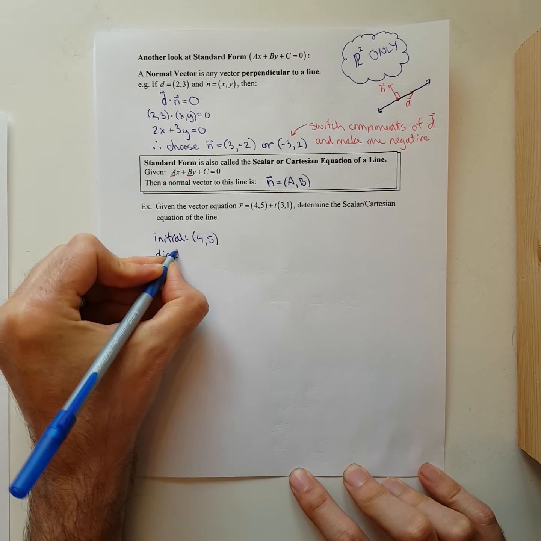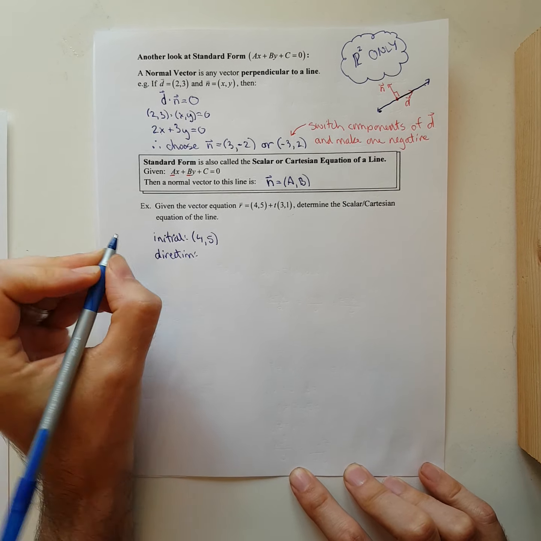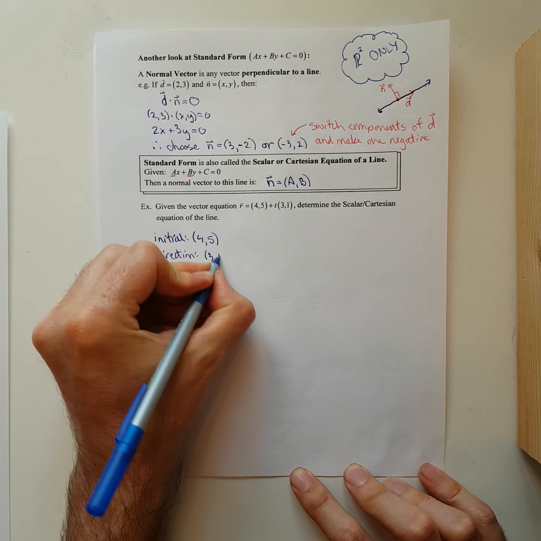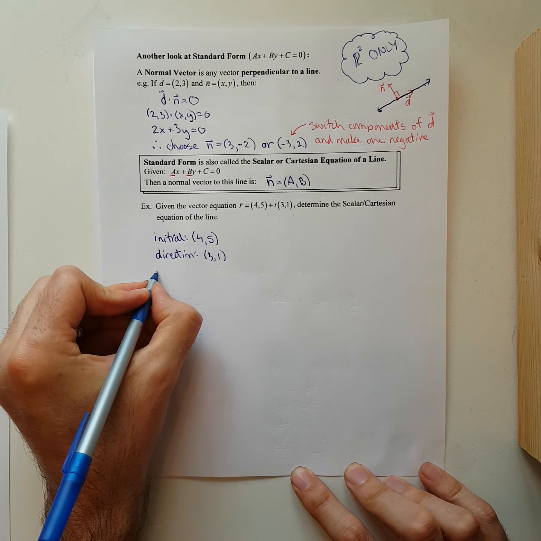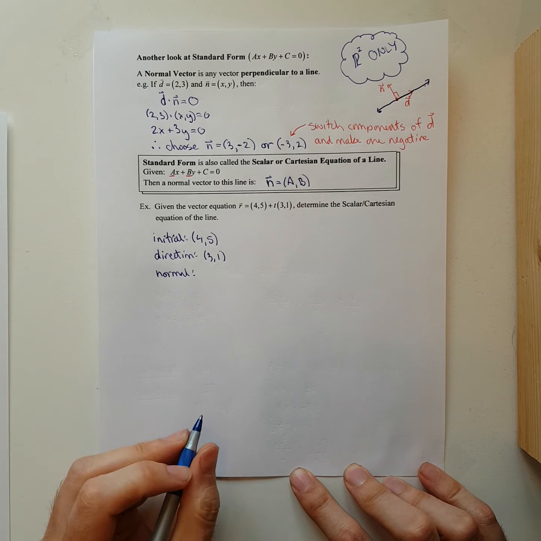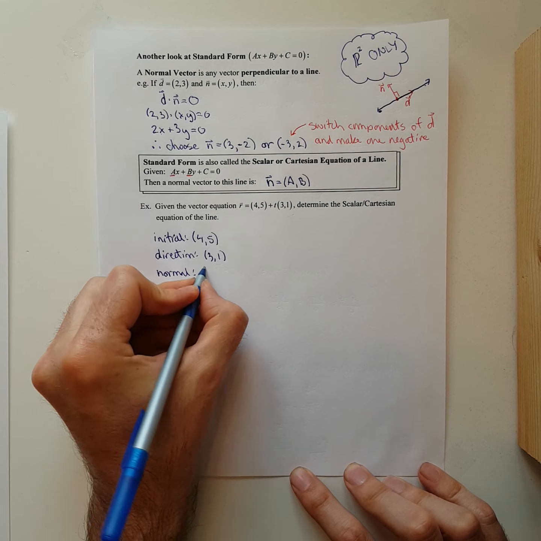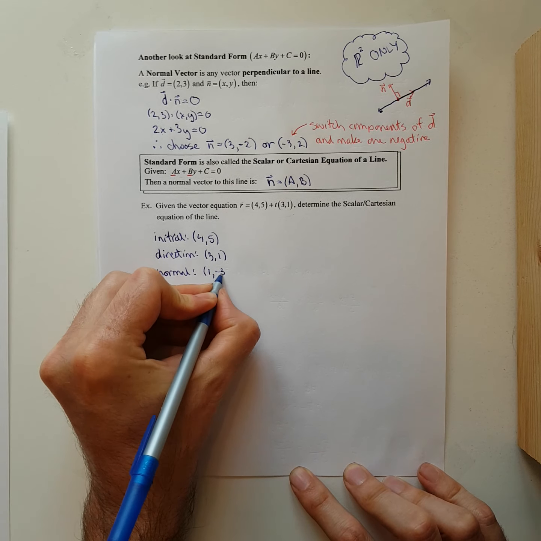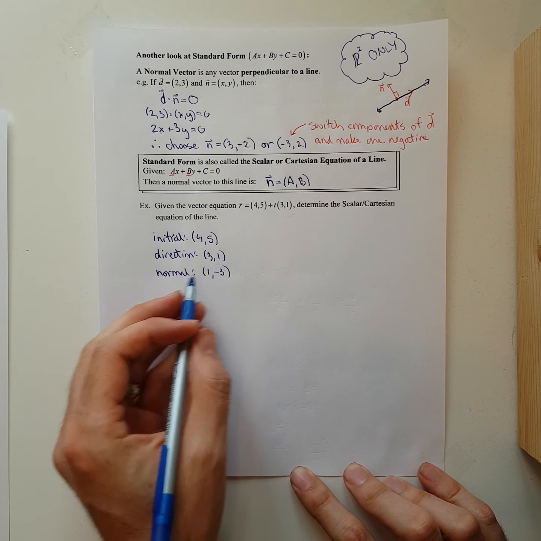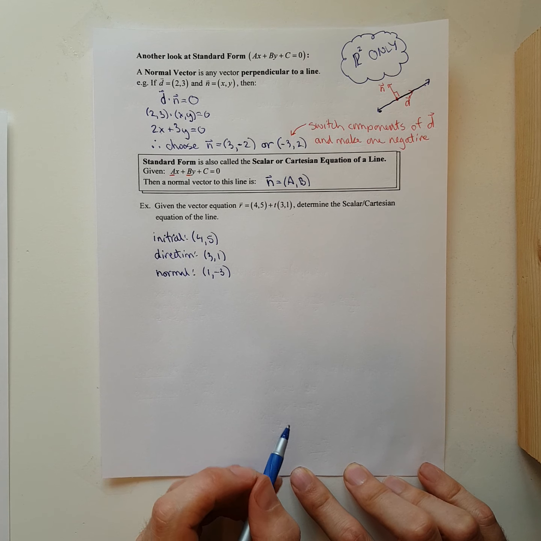I have a direction vector. I'm not calculating it this time, I have it, it's sitting right there, so my direction vector is 3, 1. We also have a normal vector. So my normal vector would be, well, let's switch the order here and make one of them negative. In this case, it doesn't matter which one, so I'm going to use my normal vector as 1, negative 3.